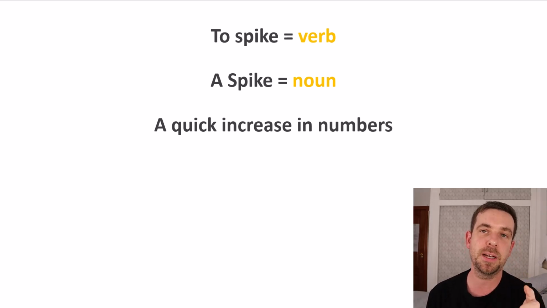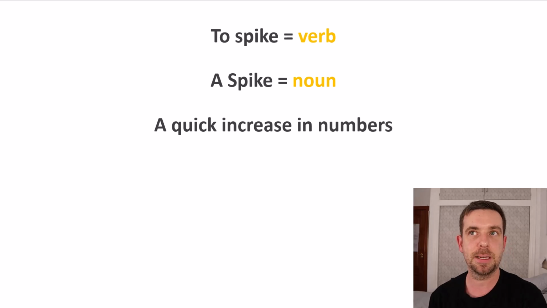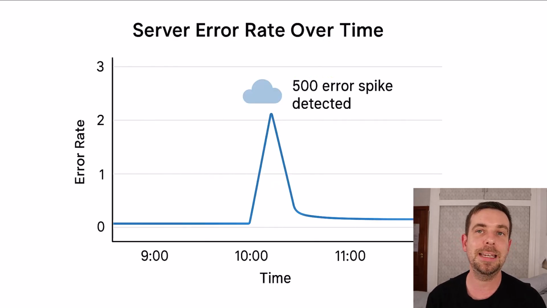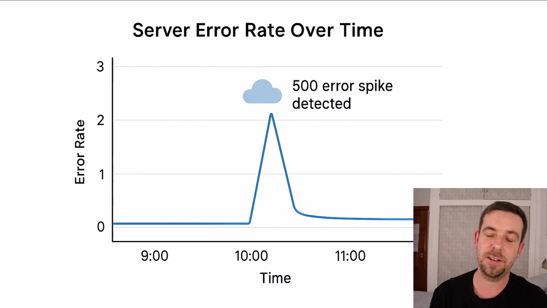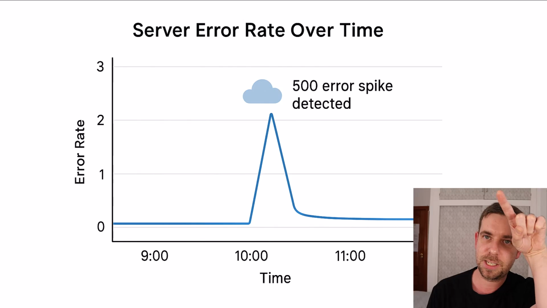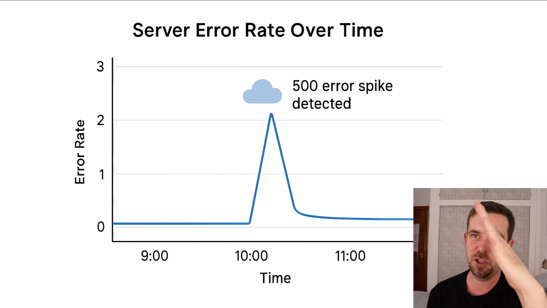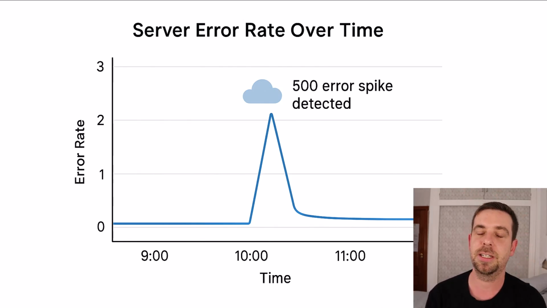It is a verb, as in to spike. It's spiked. It's going to spike. It's also a noun, as in there is a spike. And a spike is a quick increase in numbers. With our friend here, ChatGPT creates our images. You can see like this is a quick spike. The very, very sharp, very quick increase in the error rate.